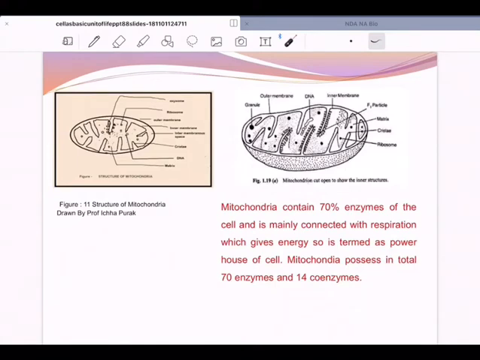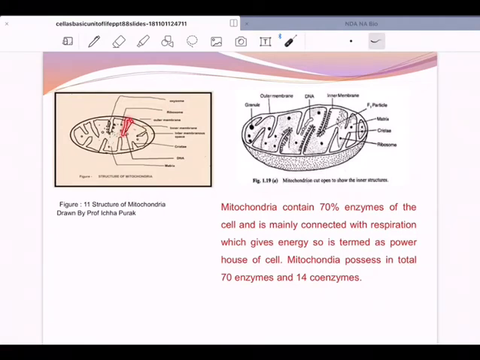When you take the vertical section of the mitochondria, this is how it looks. Now we will go from outer to inner. Outside you are seeing the outer membrane, spherical or ovoid, and then the inner membrane.